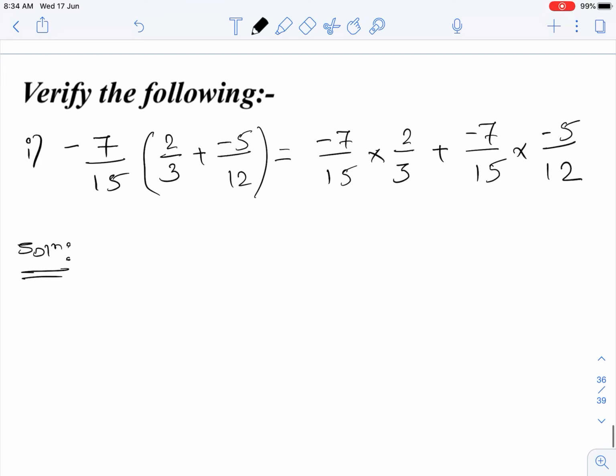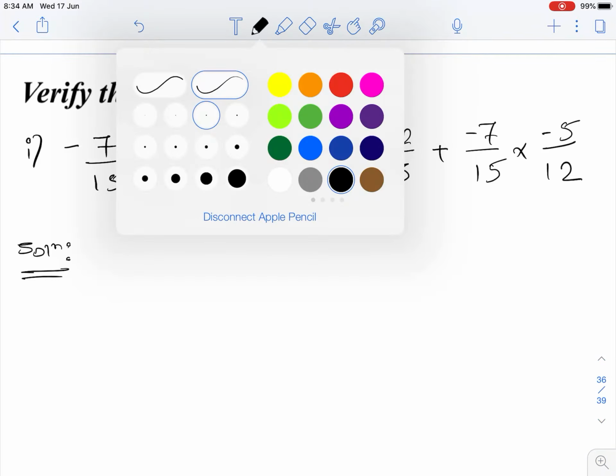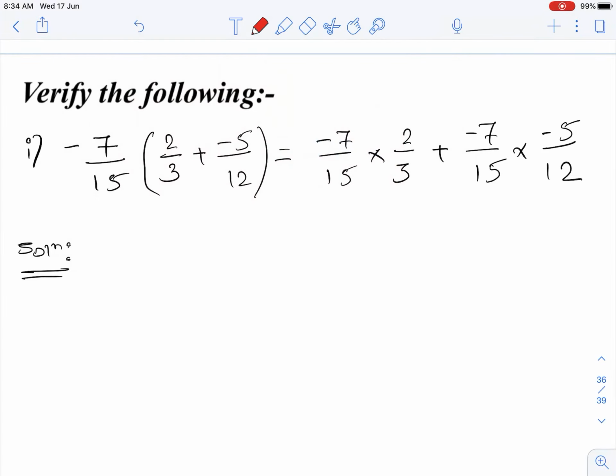Now in this example we have to verify the following. Here a number is present outside the bracket and two numbers are present inside the bracket. Then the outer number will multiply to the first term, then it will multiply to the second term. Now this is nothing but a property which is known as distributive property.